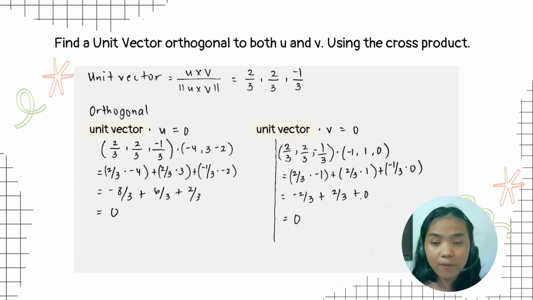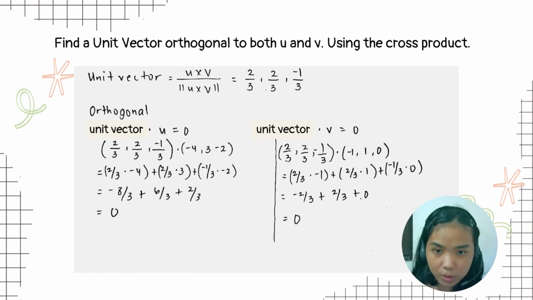Now that we have our unit vector, we also have to prove that it is orthogonal to both u and v. To prove that, the product of the unit vector and u must be equal to 0.